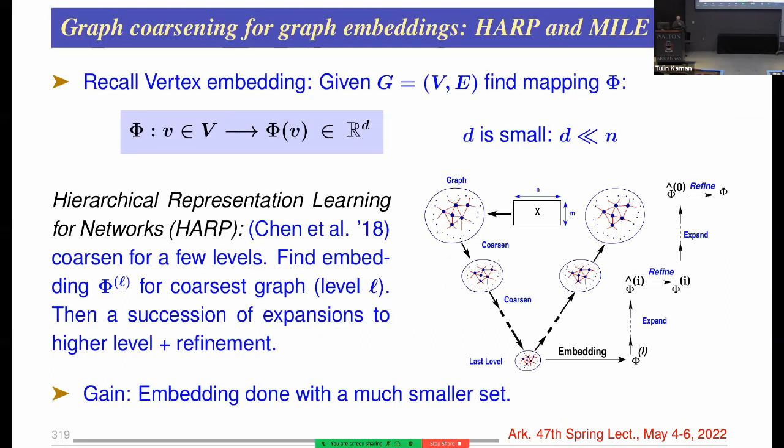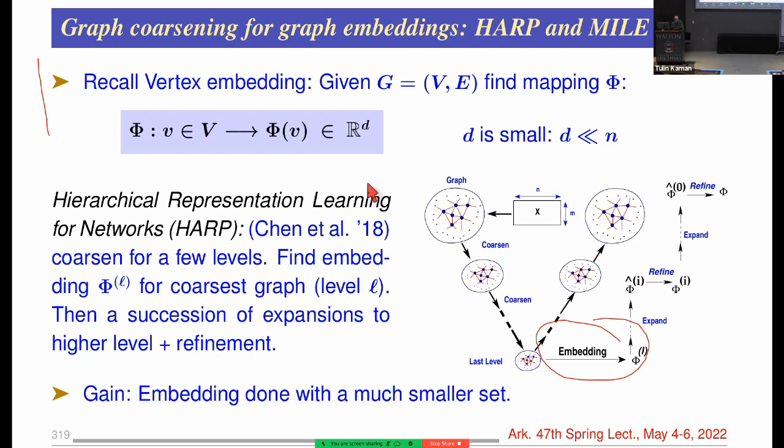So, to finish up quickly, I want to mention some recent work where coarsening has been used. This is HARP and MILE. These are two methods that have been used in the context of neural networks. You coarsen a few levels, and then you define an embedding at the lowest level, and then you go back up to find the embedding of the higher level.